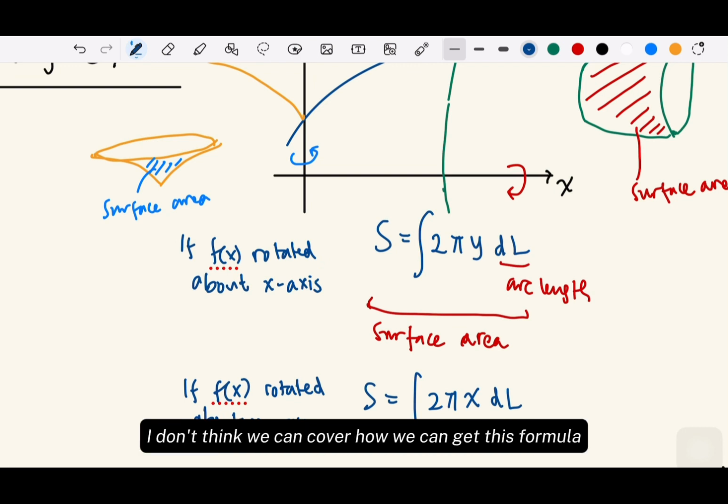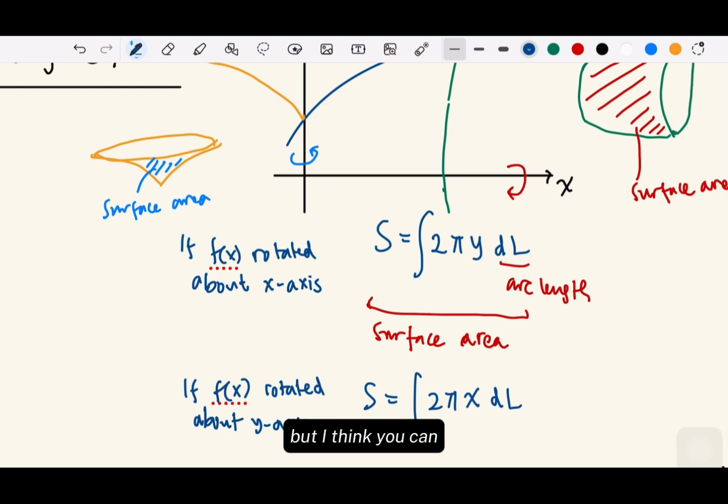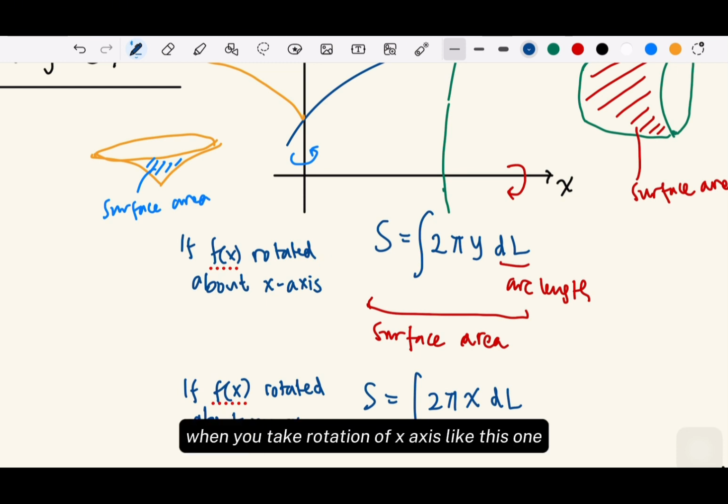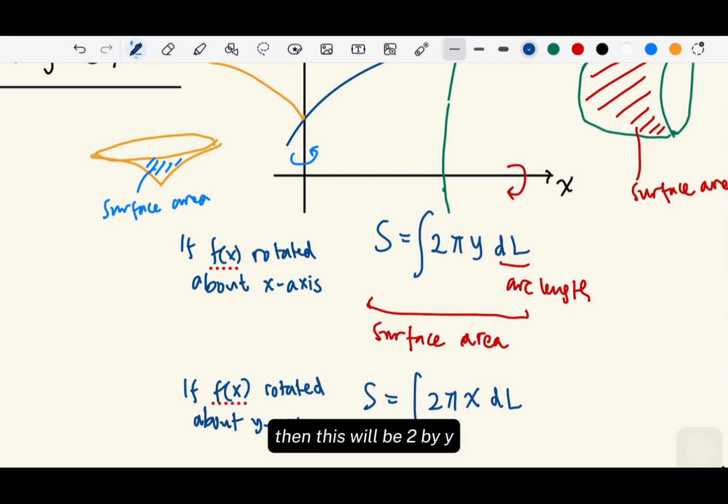I don't think we can cover how we get this formula, but you can just remember that when you take rotation on the x-axis, it will be 2 pi y dl, where dl is the arc length. And if you take the rotation about the y-axis, it becomes 2 pi x dl.